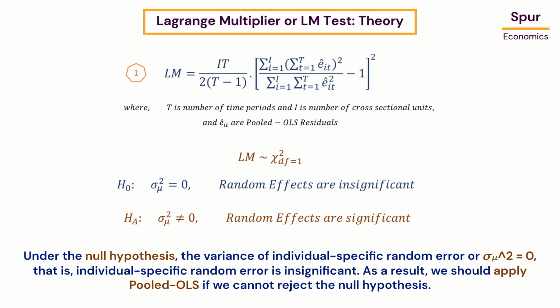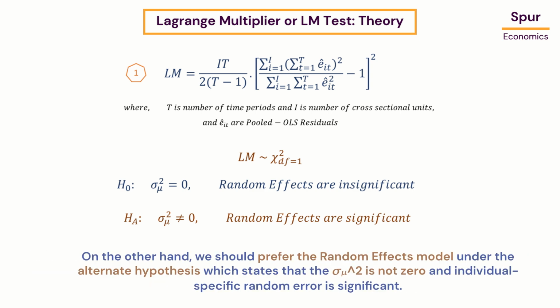Under the null hypothesis, the variance of individual specific random error, or sigma mu square, is 0, that is, individual specific random error is insignificant. As a result, we should apply pooled OLS if we cannot reject the null hypothesis. On the other hand, we should prefer the random effects model under the alternate hypothesis, which states that sigma mu square is not 0 and individual specific random error is significant.